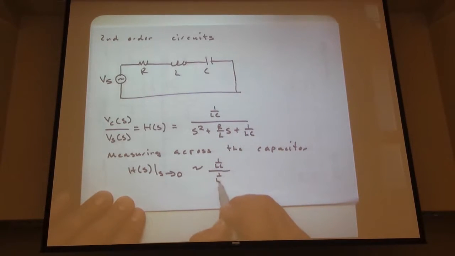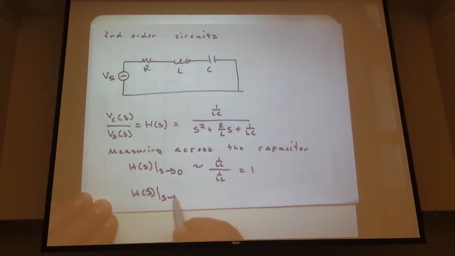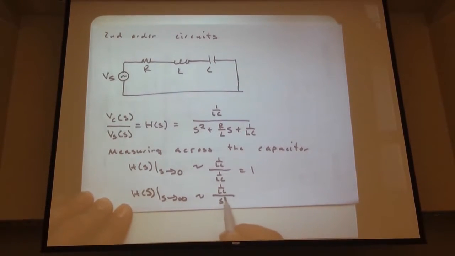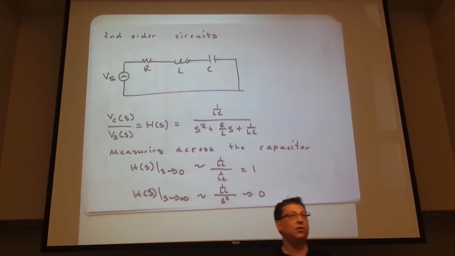So we get 1 over LC over 1 over LC equals 1. And then we can look at the other limit. As S goes to infinity, again keeping the dominant terms, we get 1 over S squared, and that goes to 0. And we've done this a number of times, so we should all be in agreement here.